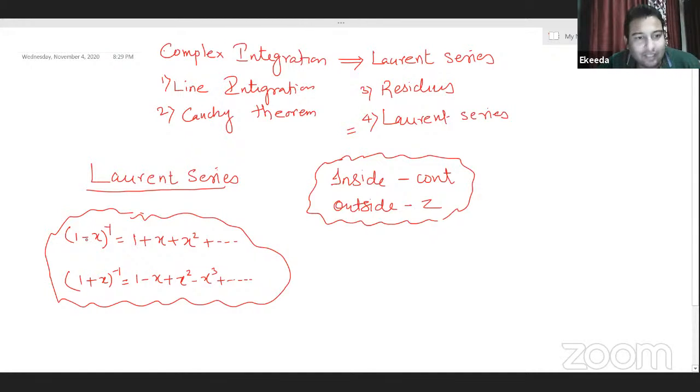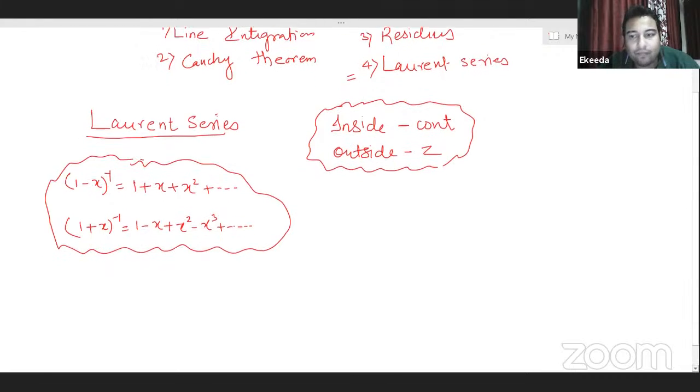For 1 minus x inverse, if both are negative, everything is positive. See here, minus and minus. If both are negative, everything will be positive. And if it is plus and minus, then we'll have alternate plus minus: 1 minus x plus x square, and so on. So these are the basic things that you need to remember. And after that, let us start with the first problem of Laurent series. With the basic discussion done, now we're starting with the first problem.